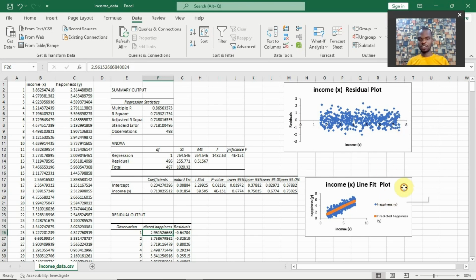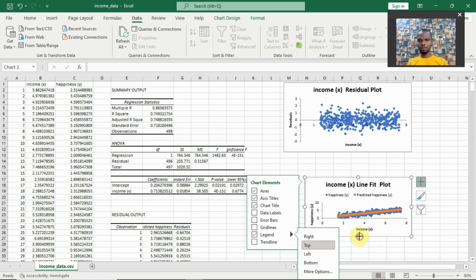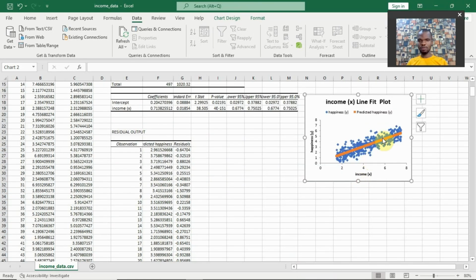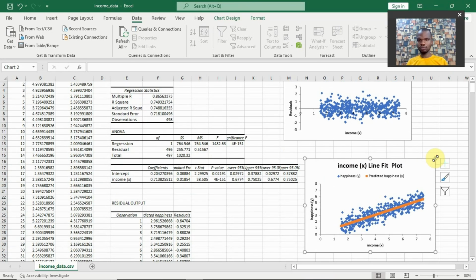I would also explain this line of fit. Let me do that before we proceed. Let me just change the position of our legend to be top. And let's make this a bit bigger.